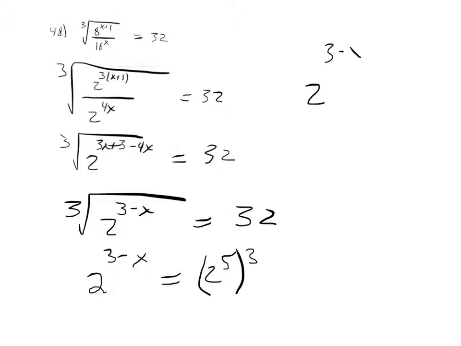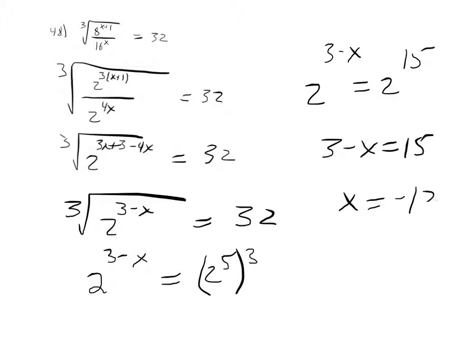So 2 to the 3 minus x equals 2 to the 15th, and therefore I'm looking at a base on each side raised to a power, therefore the 3 minus x is going to have to equal the 15, and therefore x equals, let's see, move the x over there, the 15 over there, negative 12 is what I get.